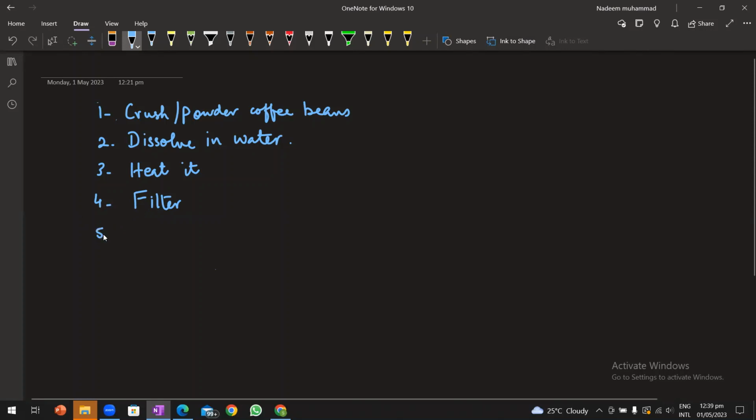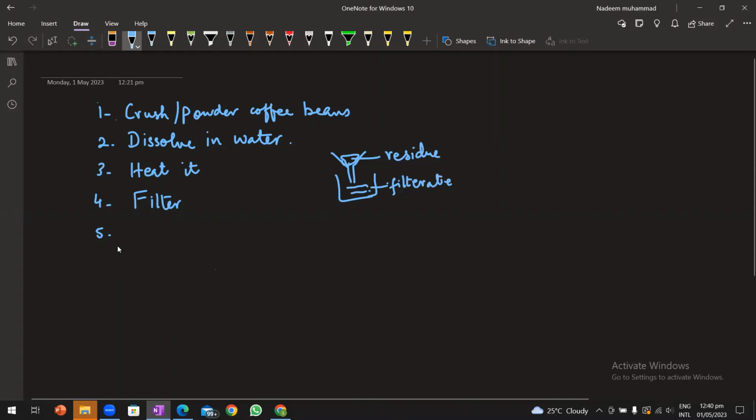Then in the next step, what will happen during the process of filtration? What will happen when you filter it? Anything that cannot pass through the filter paper is called residue, and what comes in the beaker is called filtrate.